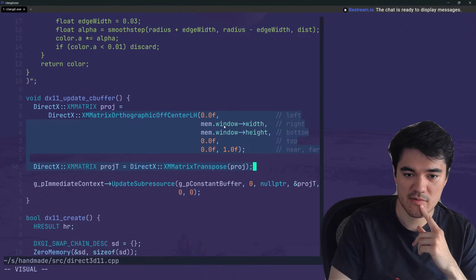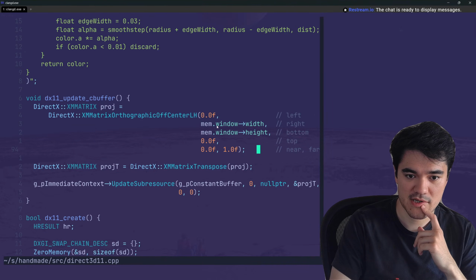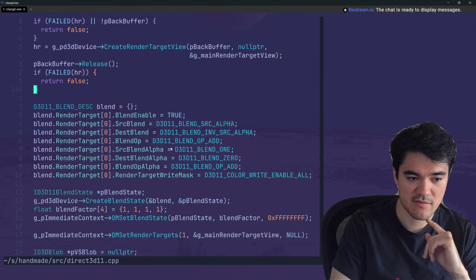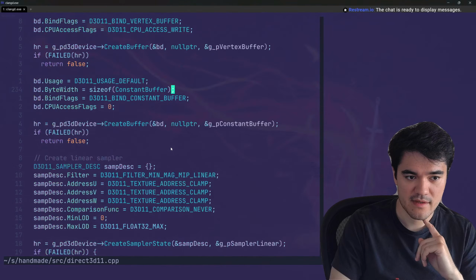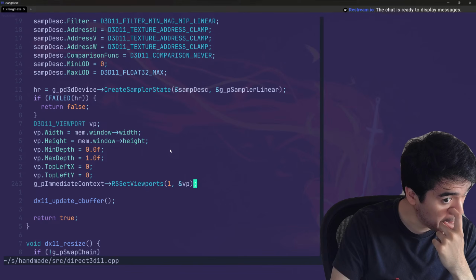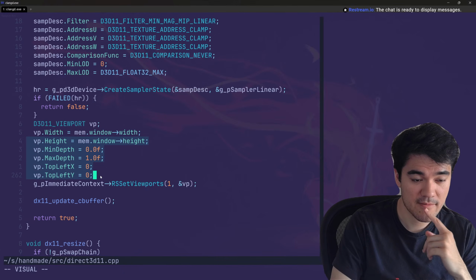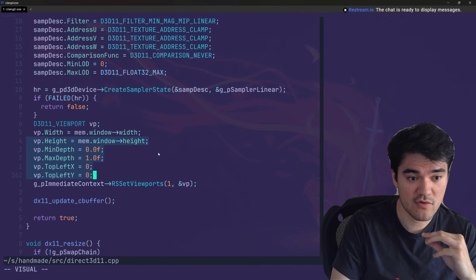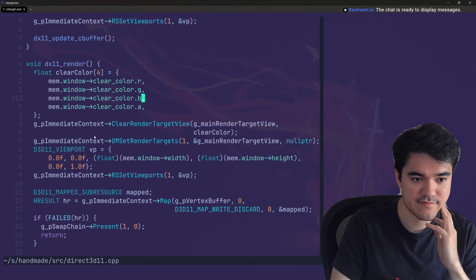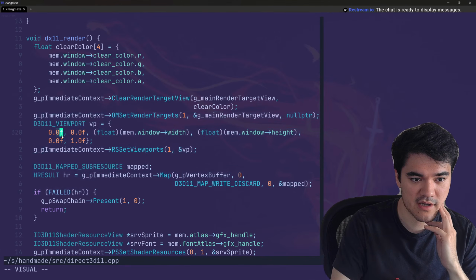We are encoding a projection matrix that is like so, and this may be one of the spots where it's wrong. We also have, like here, this viewport is right-hand. Here again, viewport.